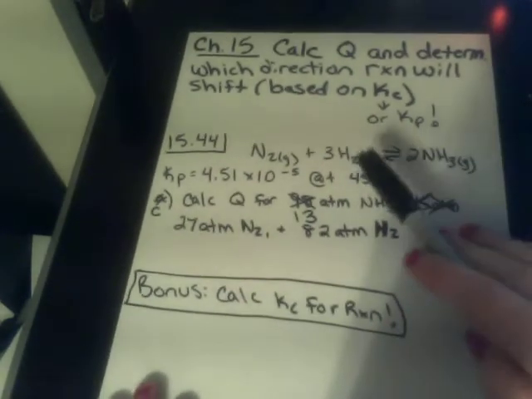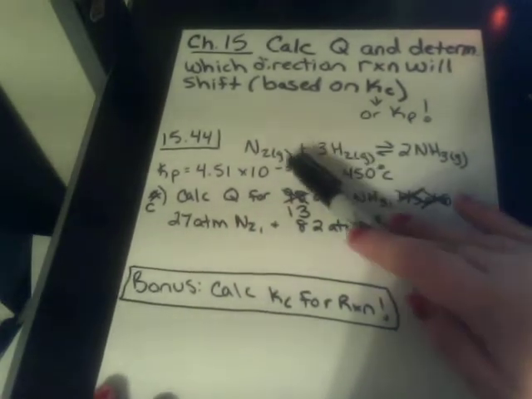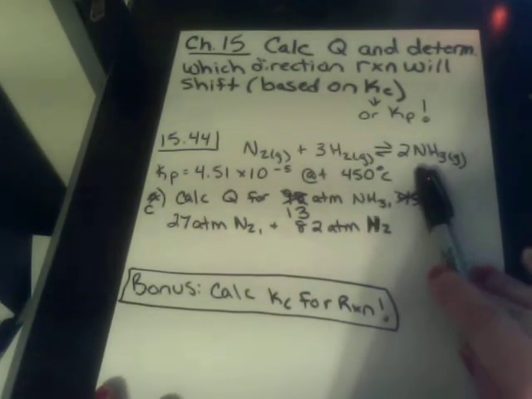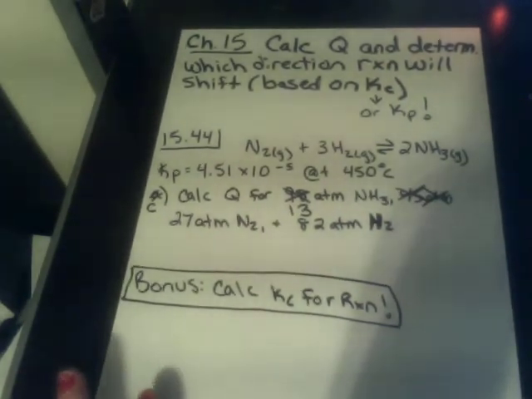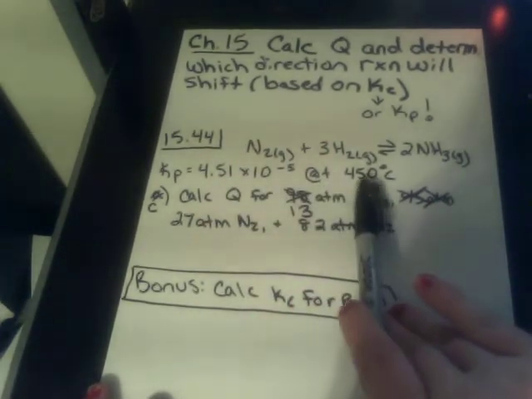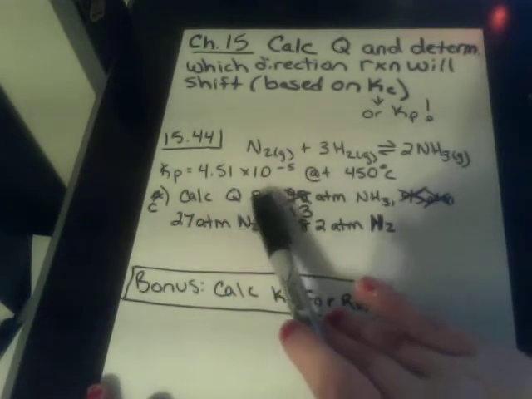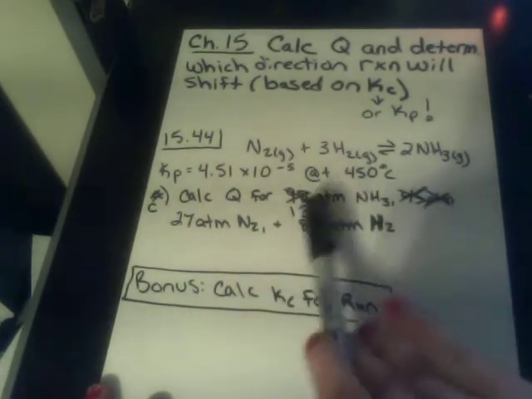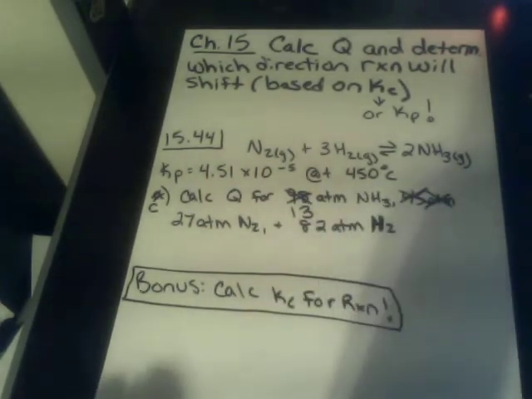So we are given a problem here. N2 plus 3H2 is in equilibrium with 2 ammonias, and we're given a K sub P at a certain temperature. So we need to calculate the Q, and I changed the numbers here because I realized that I did part A on the video chat already.